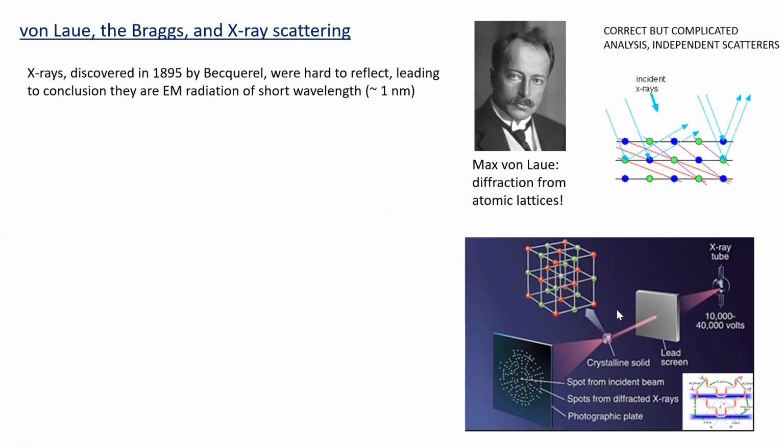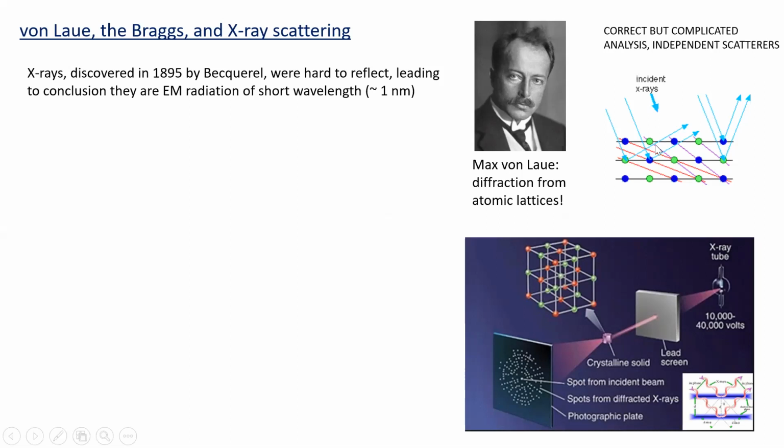Now, von Laue analyzed this diffraction of X-rays by atomic lattices by looking at individual atoms in the lattice and how they interacted with the incoming X-rays. So he looked at each individual atom as an individual scatterer and added up the scattering from all the different individual atoms in quite a complicated calculation involving something called Fourier transforms, which you may have heard of.